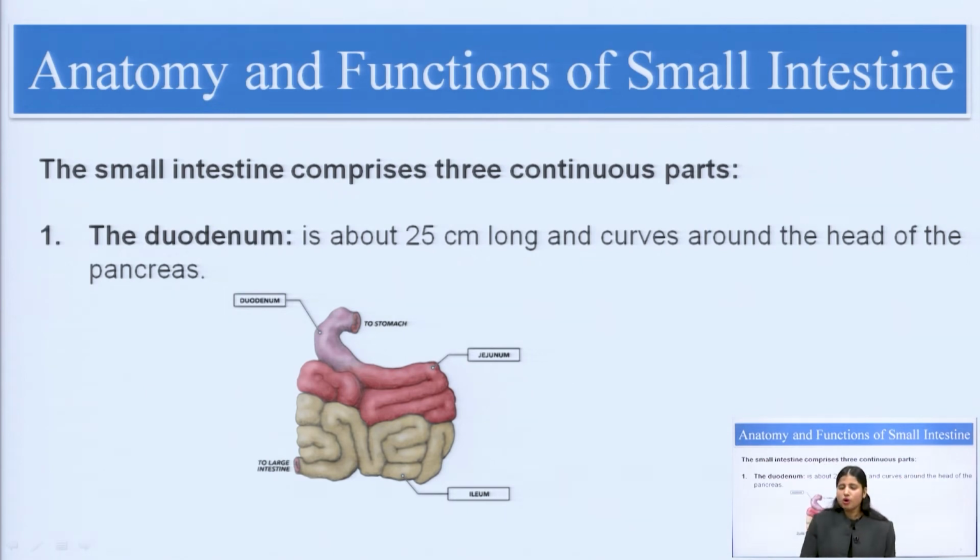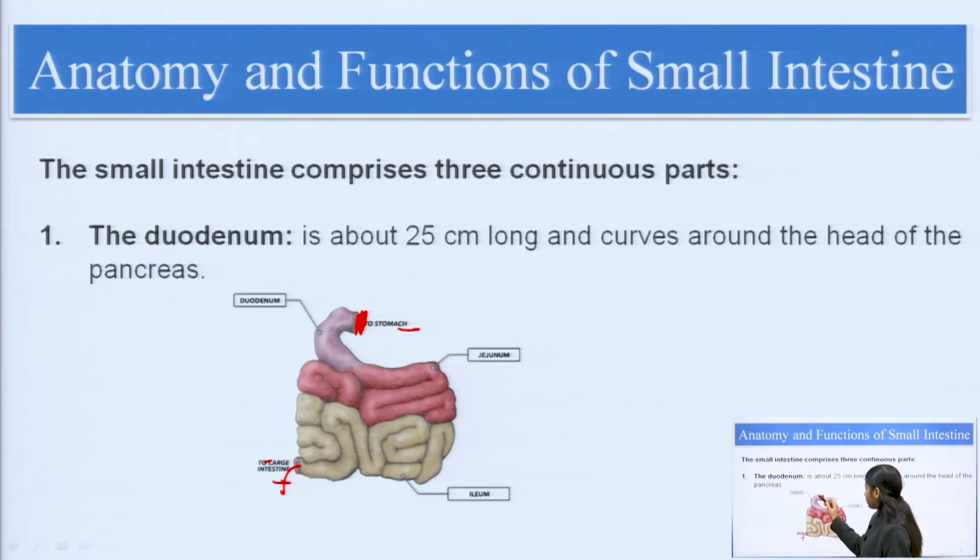The small intestine comprises 3 continuous parts. What are these 3 parts? Because it is in between the stomach and the large intestine, you can see the stomach area here and the large intestine area there, and in between you can see these colors.